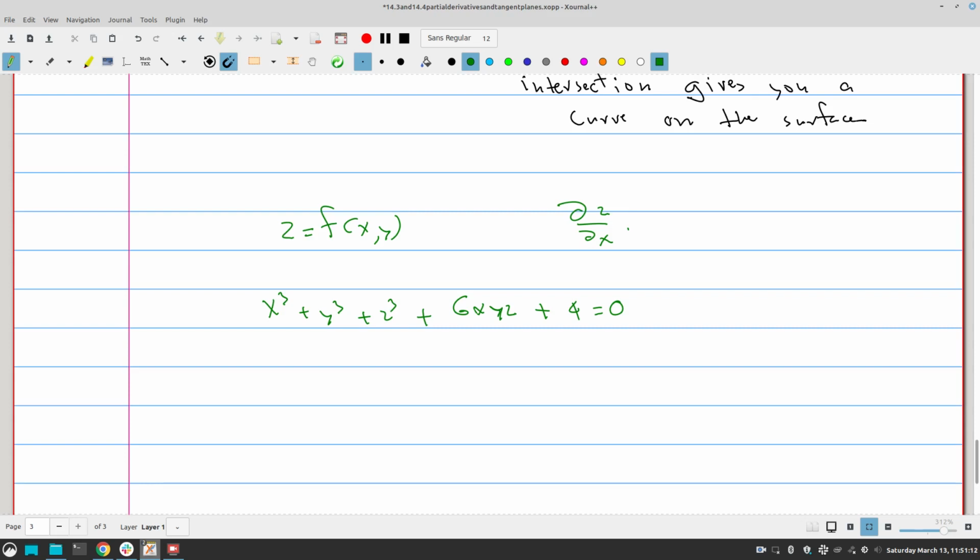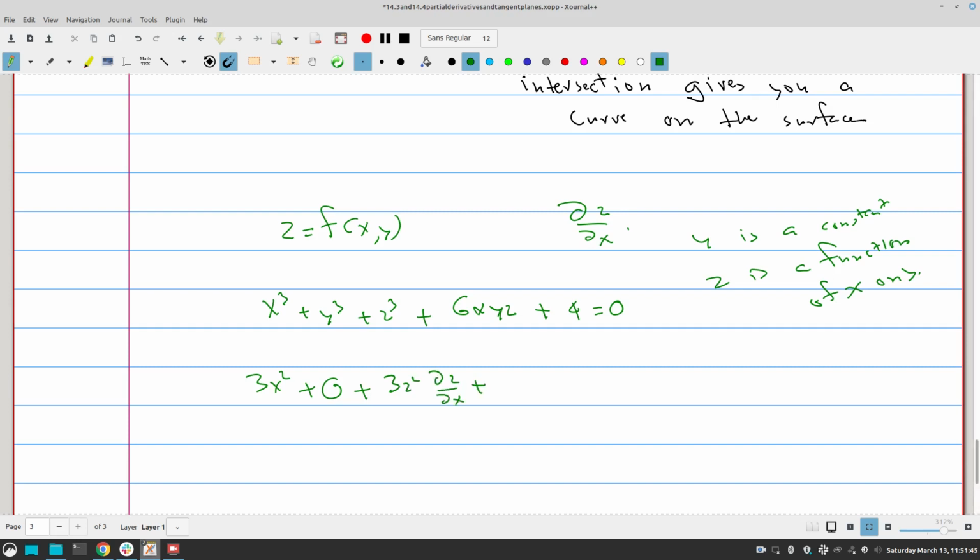In that case, y is a constant and z is a function of x only, since y is a constant. So differentiate this with respect to x, you get 3x squared. Differentiate this with respect to x, you get 0. Differentiate this with respect to x, by the chain rule you get 3z squared dz over dx.